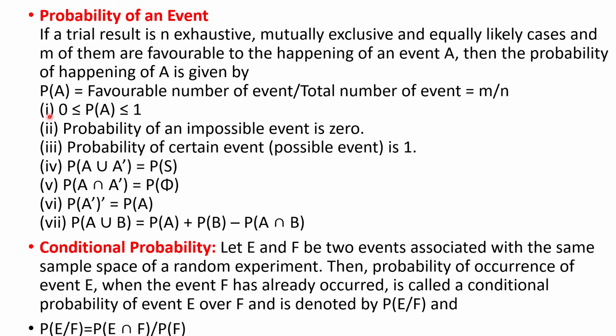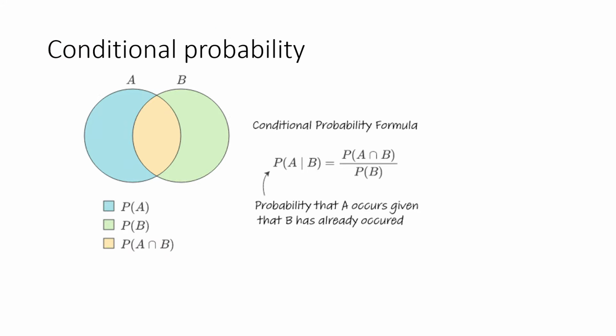More insight we will see in the next slide. This is the diagram for conditional probability. A and B are the two events, and something is common there also. So the conditional probability formula, which I have just written, is: probability of A given B is probability of A intersection B divided by probability of B. How will you recognize whether it's a conditional probability?